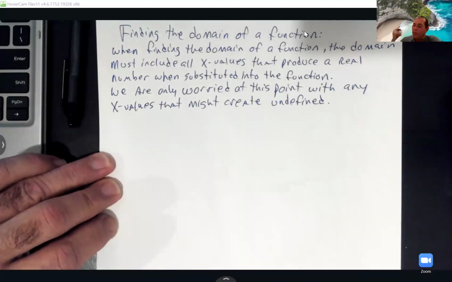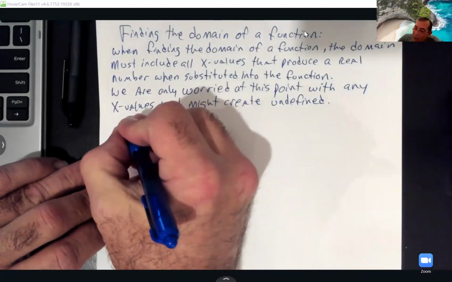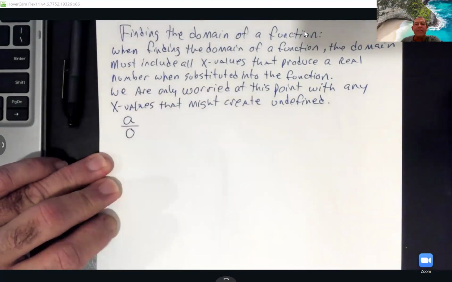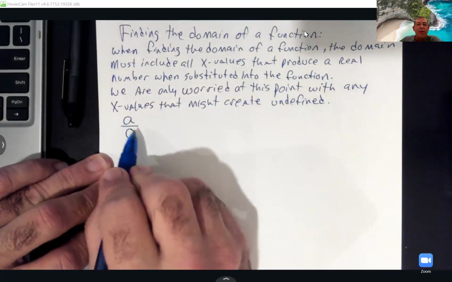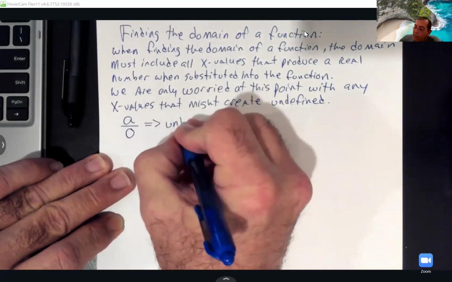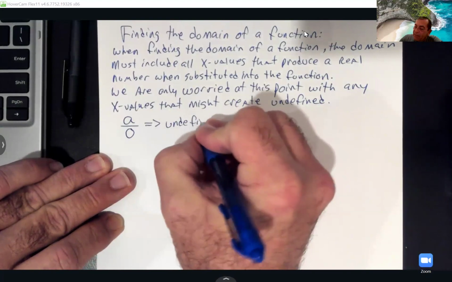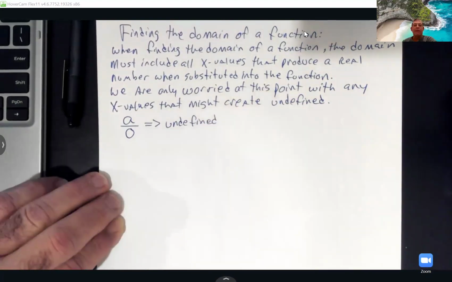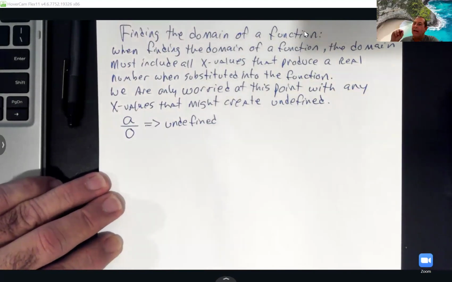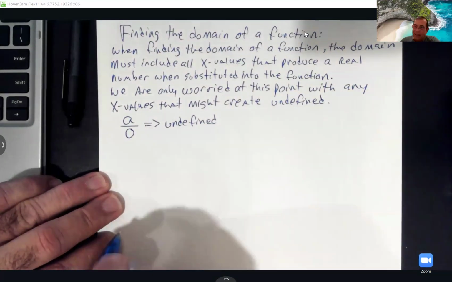Numbers over zeros, perfect. So y'all remember, I cannot have a number and divide by 0. If I got a number divided by 0, this gives us what we call undefined. Okay? I can divide by any other number in the world. I cannot divide by 0, okay?